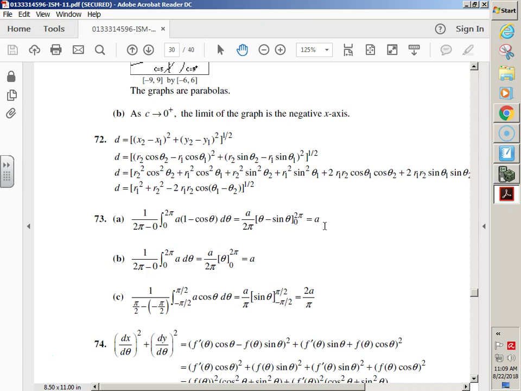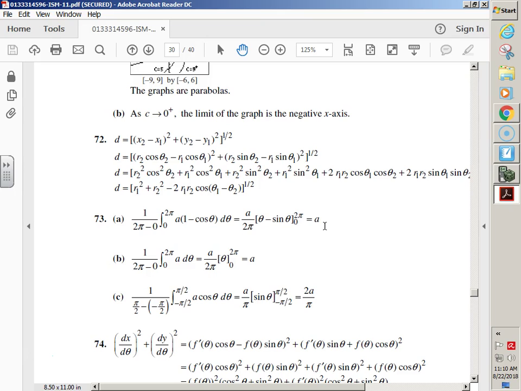This is actually using a property from pre-cal, a composite argument property of cosine A minus B, which is cosine A cosine B plus sine A sine B. Yeah, that whole thing was a composite argument property.